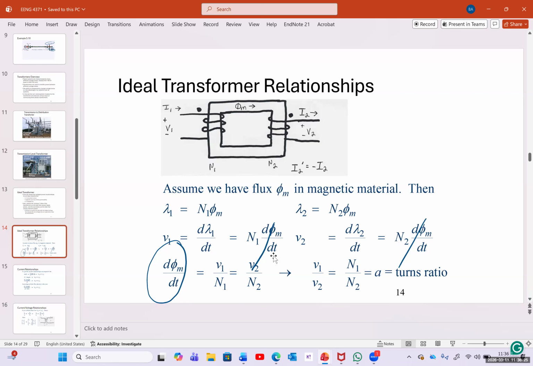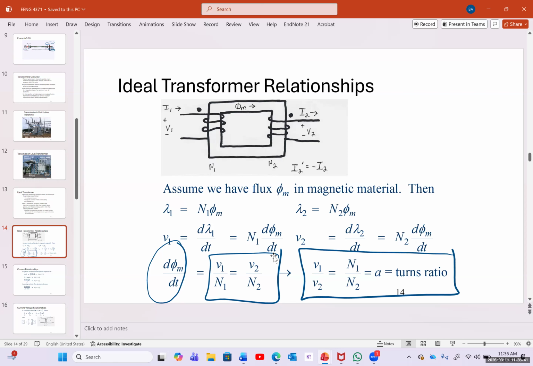So d phi m over dt is going to be V1 over N1, which is equal to V2 over N2. Therefore, we can write the following: V1 over V2 is N1 over N2, and N1 over N2 is called a, which is our turns ratio.